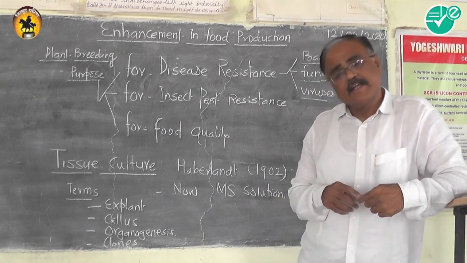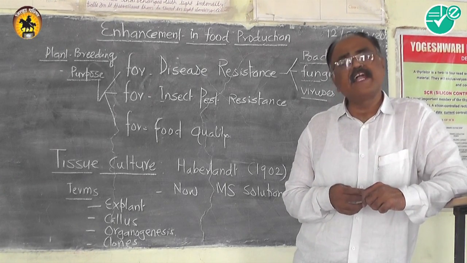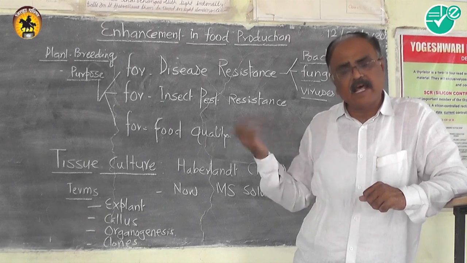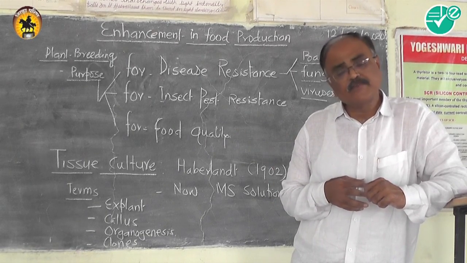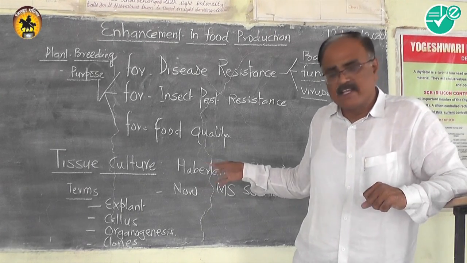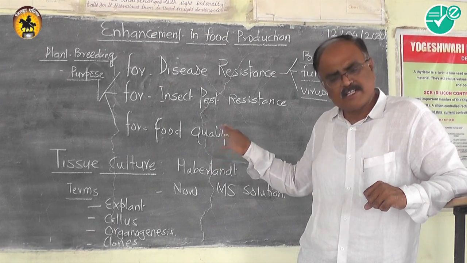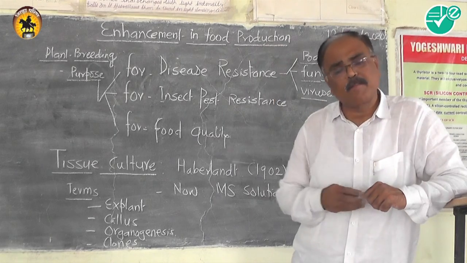Why was this considered for generating plants? Earlier, we paid attention to plant breeding, which is a time-taking job. But in this case, in a very short span of time, we can generate multiple crop plants.